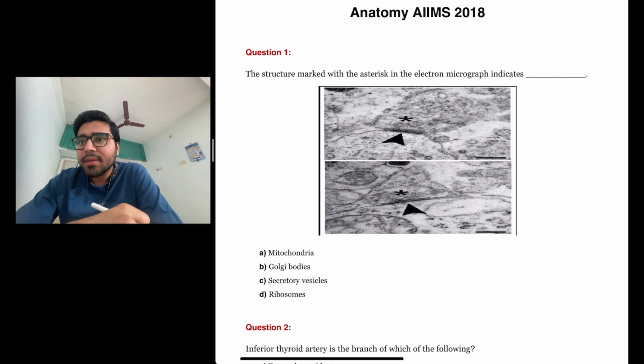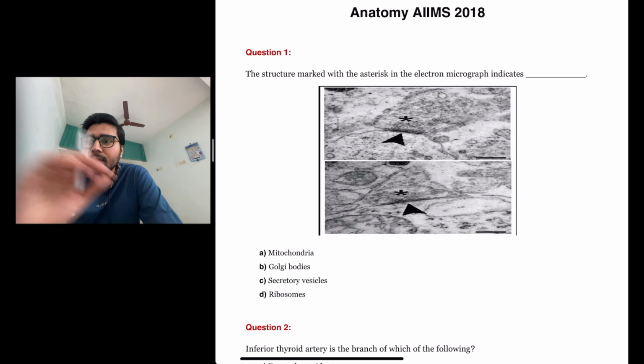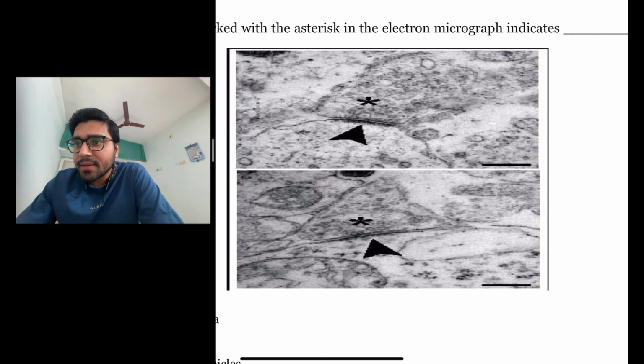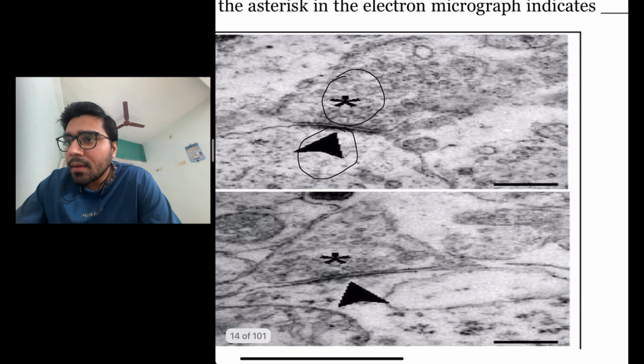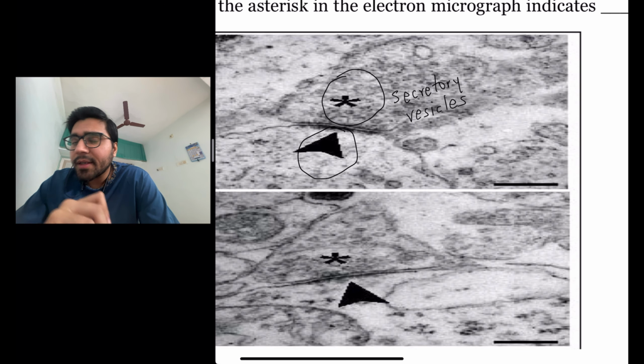So the first question is: the structure marked with the asterisk in the electron micrograph indicates. See guys, this is the asterisk, this is the arrowhead. Let us label this electron micrograph first. This asterisk is secretory vesicles.